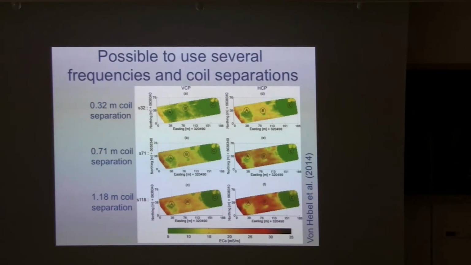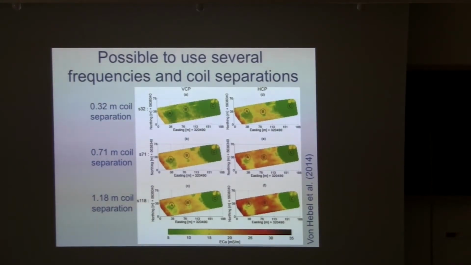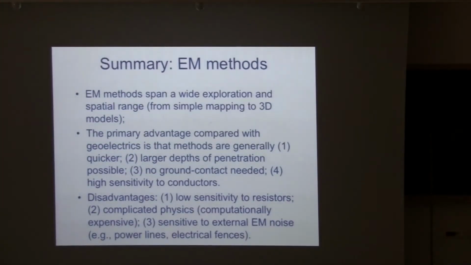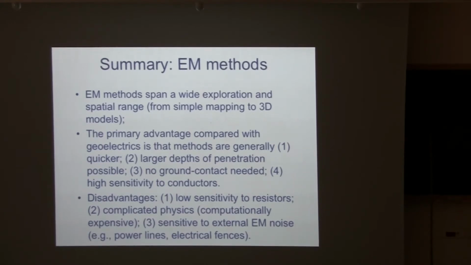So for agricultural applications, you can very quickly create a map that shows at different average scales what the average conductivity is, and you can say something about well-developed or poorly developed soils, contaminated sites, less saturated sites, and so on. So EM methods, that's where I did my PhD some time ago.